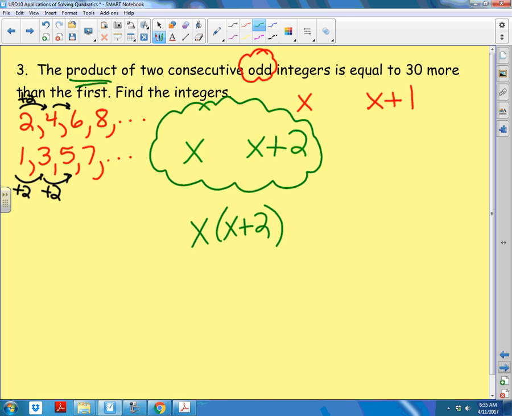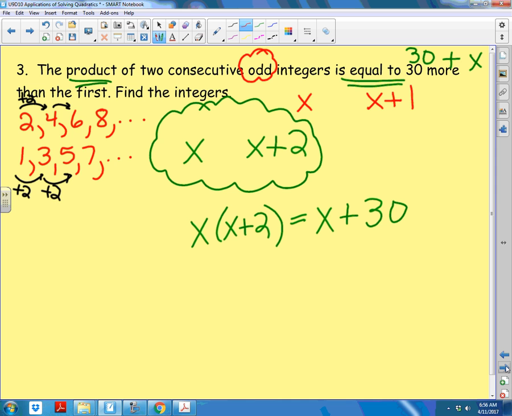The product of these two numbers is equal to 30 more than the first integer, which is x. So x plus 30.